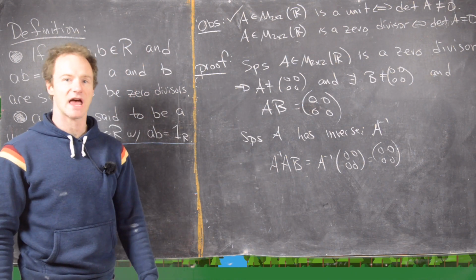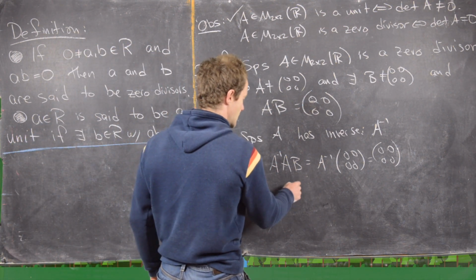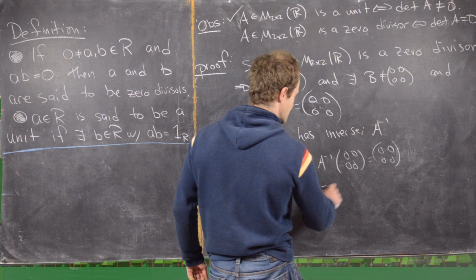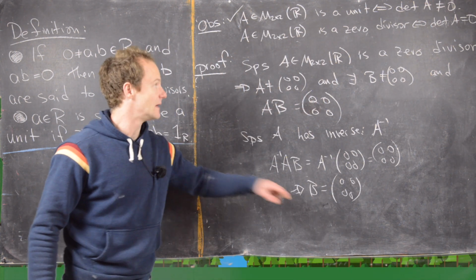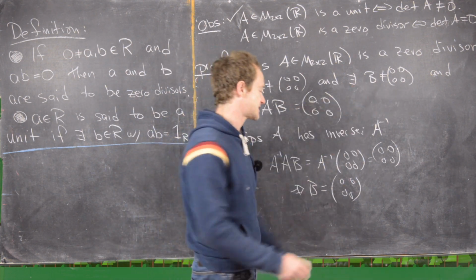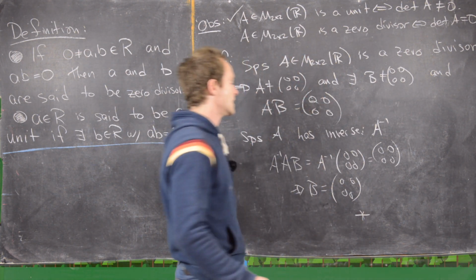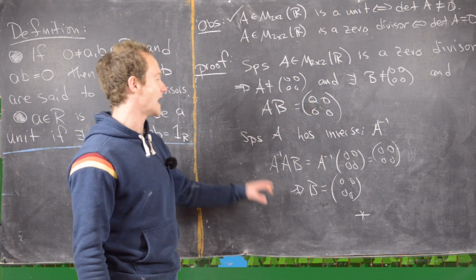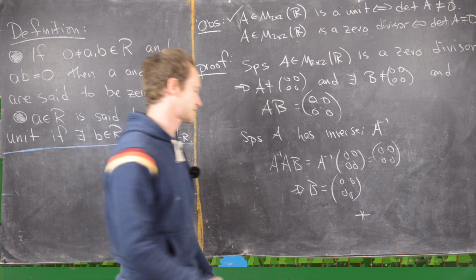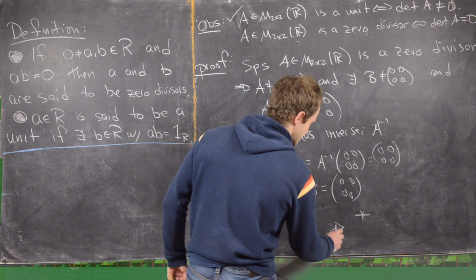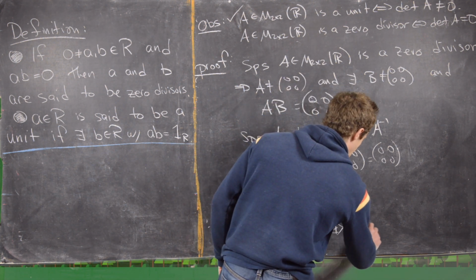But then A inverse times A will be the identity, which tells us that B is equal to the zero matrix. But that's a contradiction of this fact up here, and the contradiction arises from this assumption right here that A has an inverse. So what this tells us is that A doesn't have an inverse.